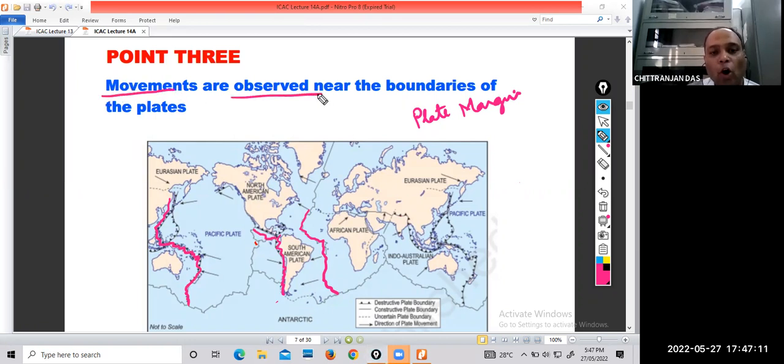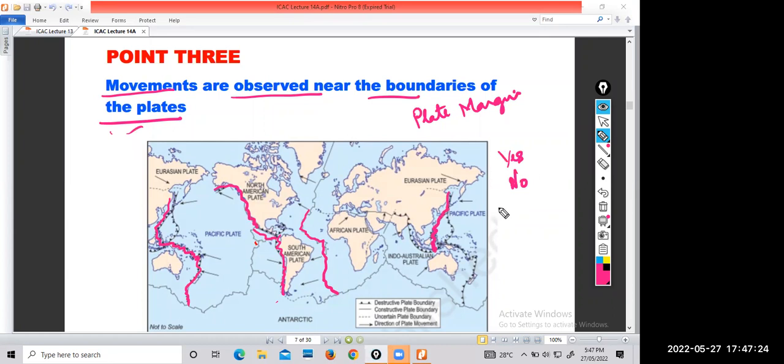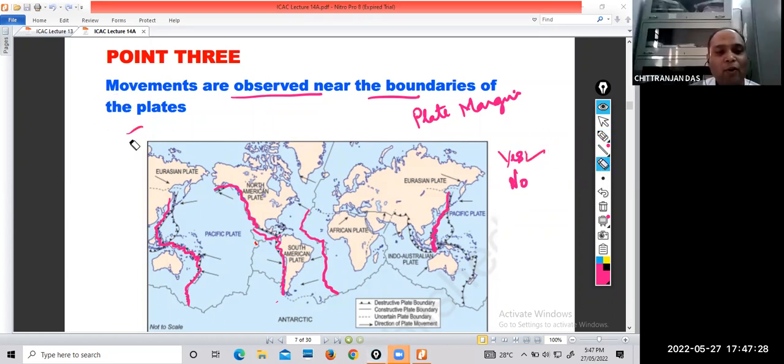Movements are observed near the boundaries of the plates. You can see these are the boundaries of the plates. Agree? Yes or no? Yes, sir. Chalo. Point number 3 also covered. Let us move to point number 4.